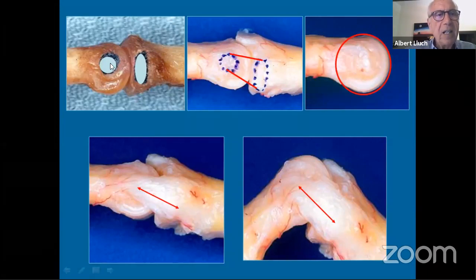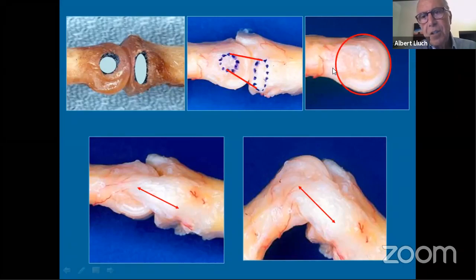Collateral ligaments here are true collateral ligaments. They originate at the center of rotation of the head of the proximal phalanx, and they insert practically at the center of the middle phalanx, just a little bit anteriorly for the same reason, to control and prevent volar subluxation.